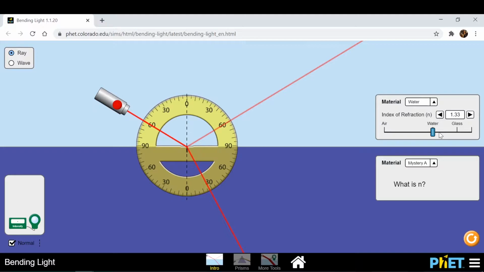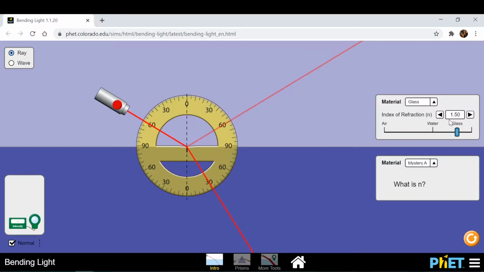And then finally, you want to use glass as the lower medium. Again, you can leave the incident angle the same, and you just want to record the new refracted angle down here, and also record the index of refraction. So that would be 1.50, and again, there would be 0 uncertainty on that measurement.